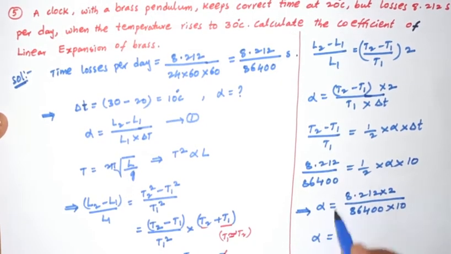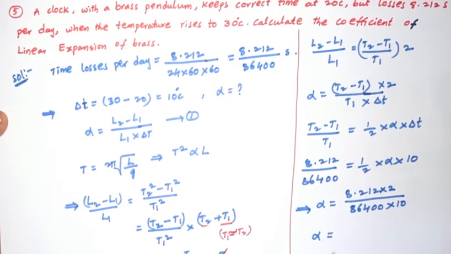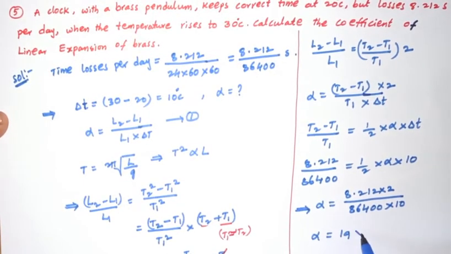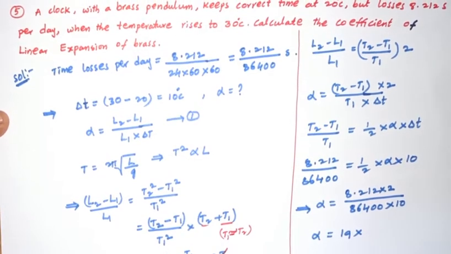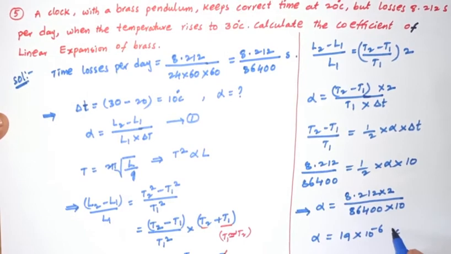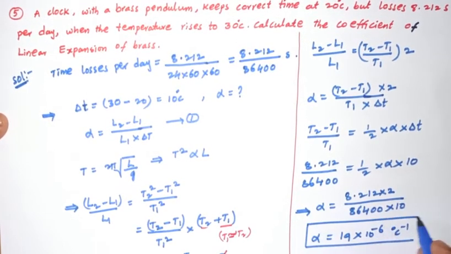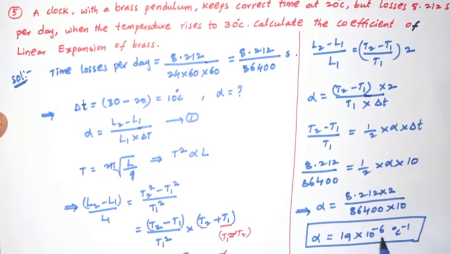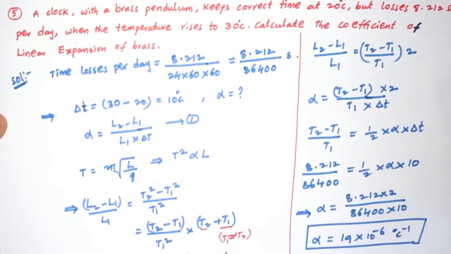We can calculate this value with a calculator. We get 19 into 10 to the power of minus 6 per degree Celsius. So this is the linear coefficient of expansion of the brass pendulum.